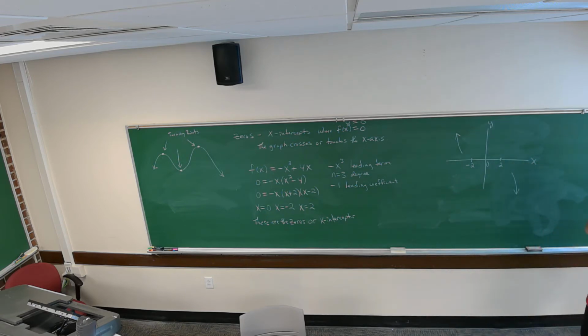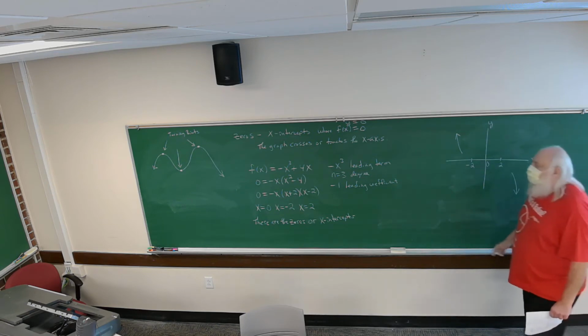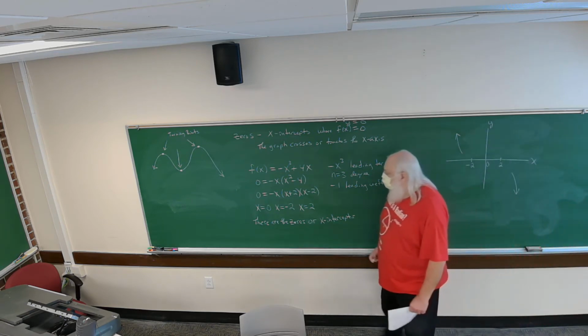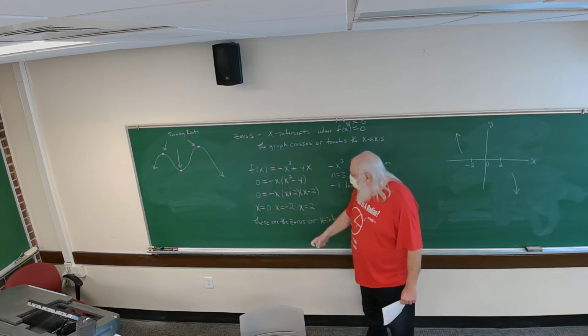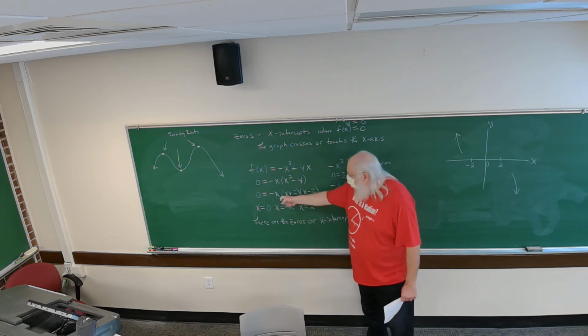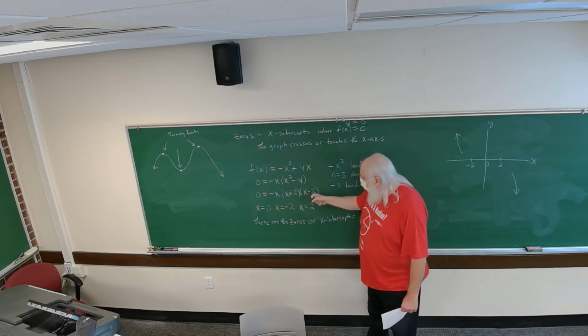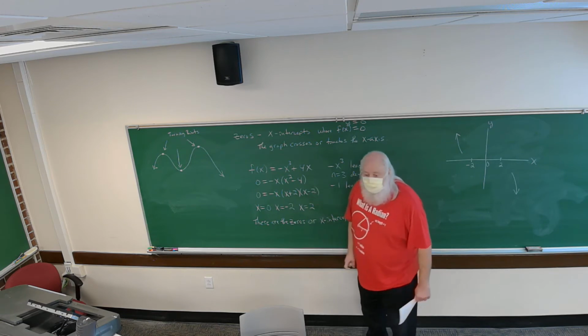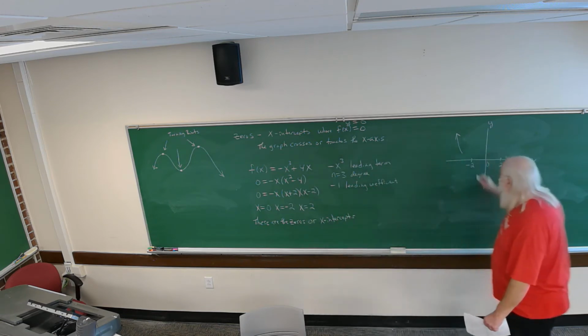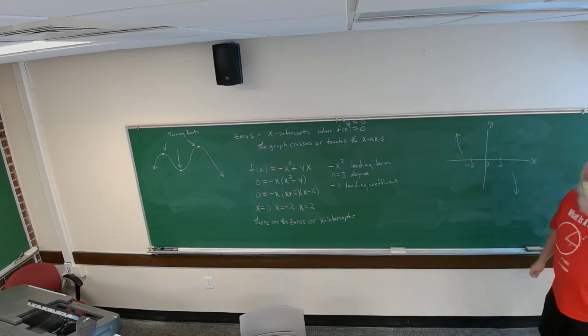Now, we haven't talked about this. We're going to talk about this in a moment, but the exponent on each of these factors, right? The exponent on x is 1. The exponent on the factor x plus 2 is 1. The exponent of x minus 2 is also 1. And so the graph crosses the x-axis at each of these zeros.